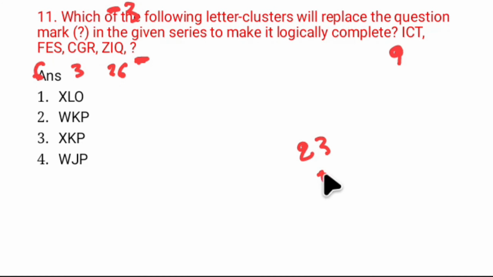So how much will you get? You will get here 6 and here 6 and here 38, 6, 44. Therefore option 1 would be the correct option for this question.